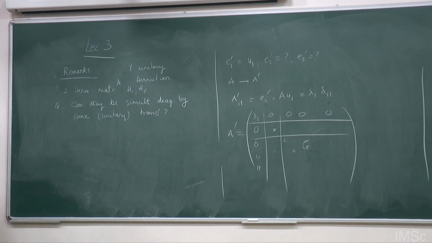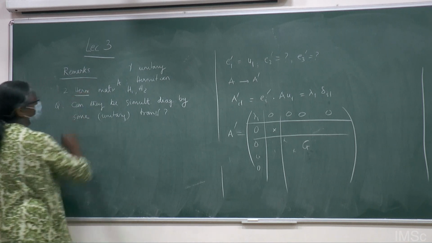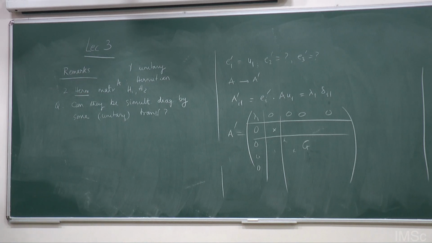You have called A to be Hermitian. Let me just say that I am starting with two Hermitian matrices. Anyway, in physics you will always have Hermitian matrices.